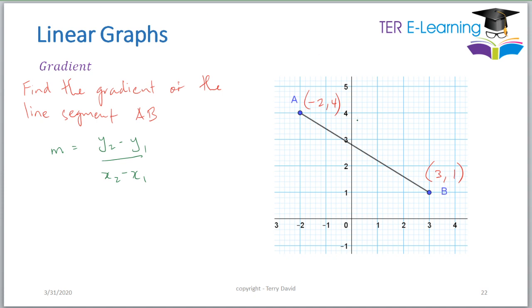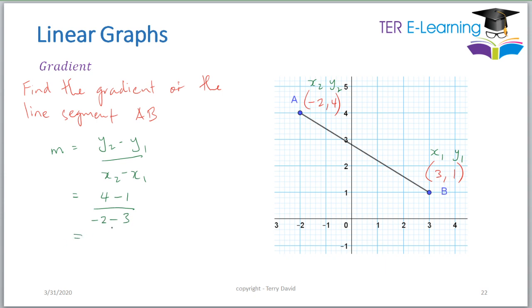Next, we need to label what x1, y1 and x2, y2 are. You can choose whichever one you want, you just need to be consistent. So I'm going to use B as x1, y1, and A as x2, y2. It does not matter which one you choose; your answer will be the same. So y2 minus y1 will be 4 minus 1, divided by x2 minus x1, which is -2 minus 3.